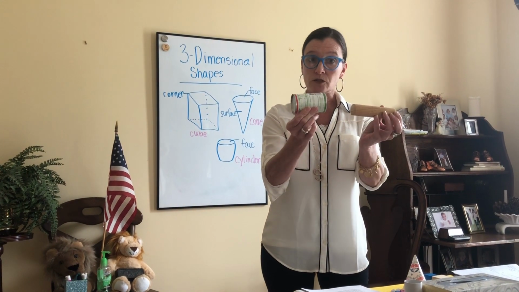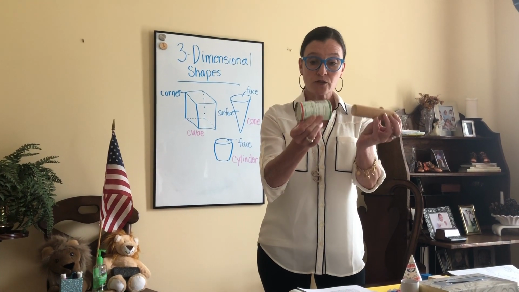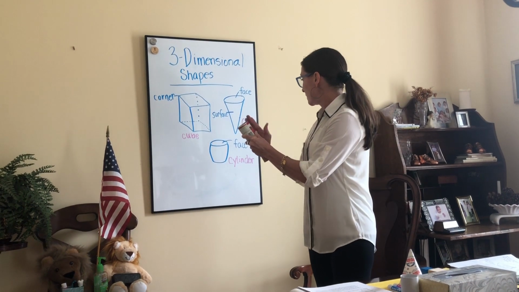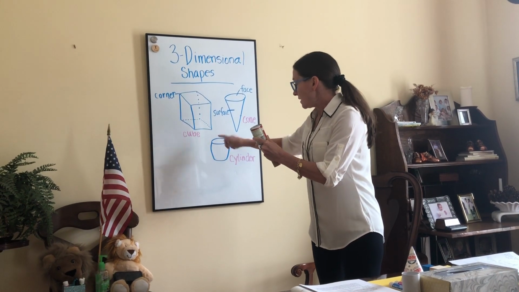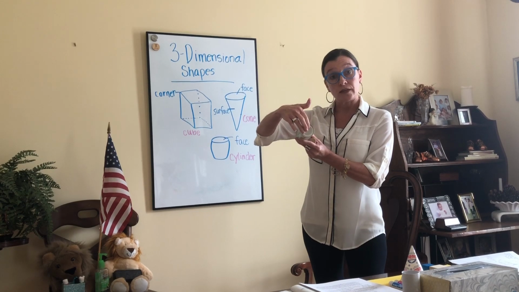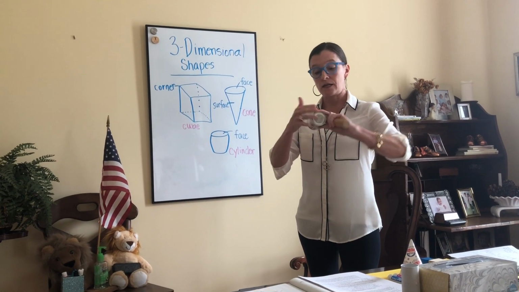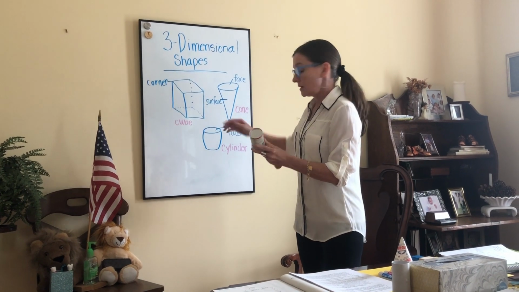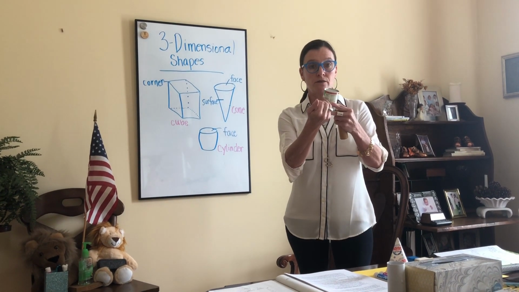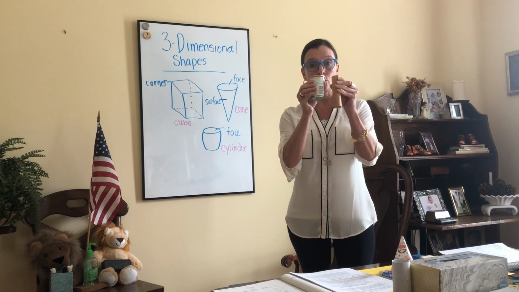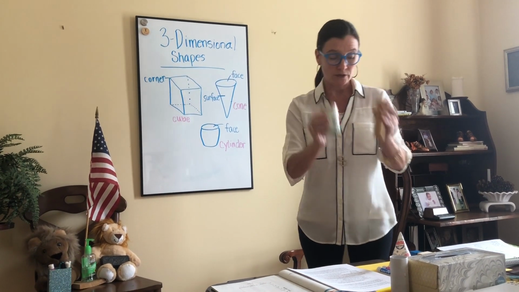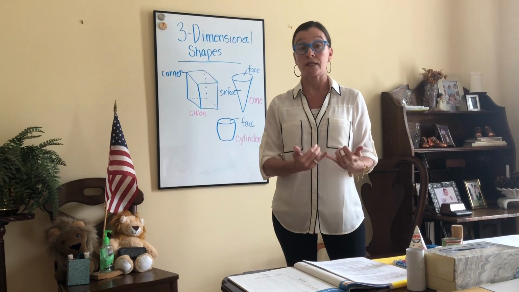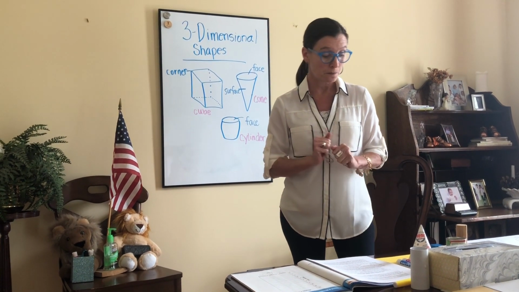To be a cylinder, the defining attribute is that this part of your cylinder, the face, is flat. It's this side and this side. This is the surface, like I've labeled the surface of the cone. This would be the surface of the cylinder. It must be curved, no straight lines on a cylinder. That would be a defining attribute.